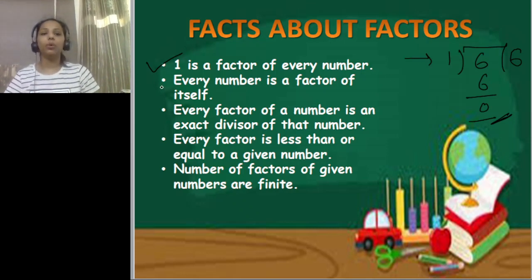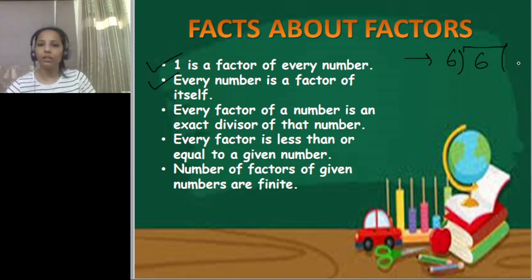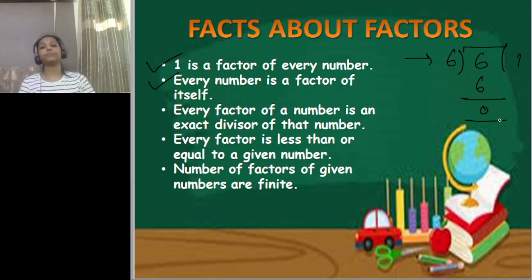Now also, every number is a factor of itself. This means that if we divide any number by itself, we will see that the remainder will always be 0. For example, if we divide 6 by 6, what will be the remainder? It will be 0. Yes or no? Yes. So every number is a factor of itself, always.